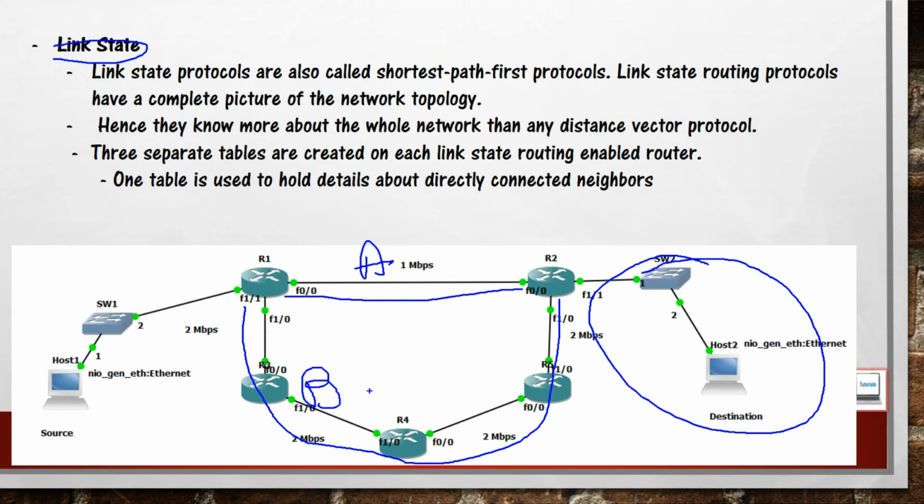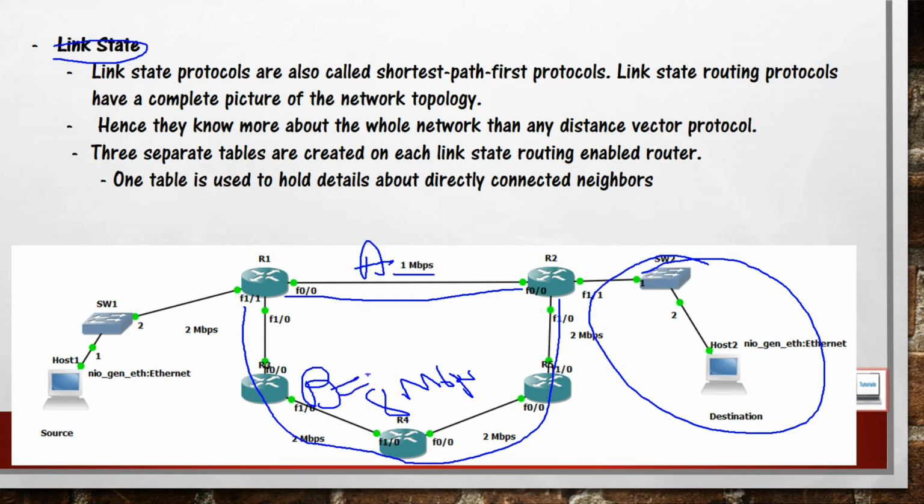The bandwidth of this path is 8 Mbps in total, while the bandwidth of this path is just 1 Mbps. So, unlike distance vector routing protocols, which choose hop count as the metric, link state routing protocols will choose this path by analyzing the bandwidth as the metric.